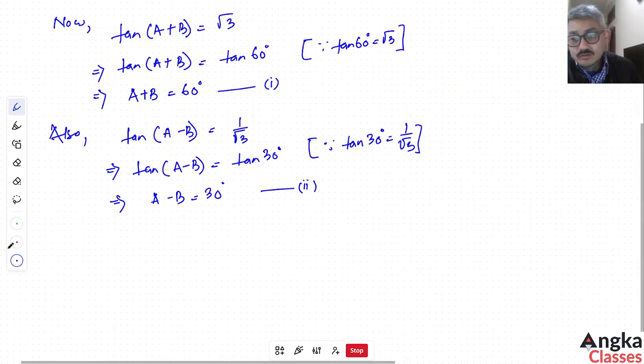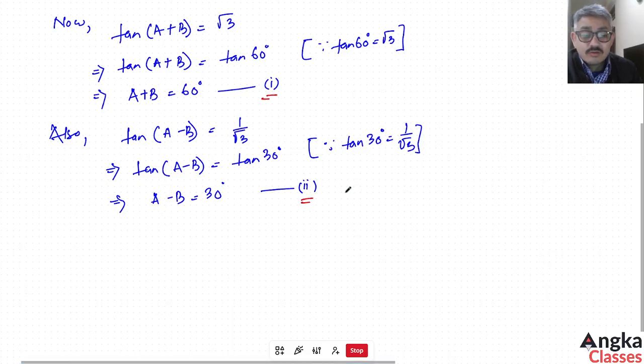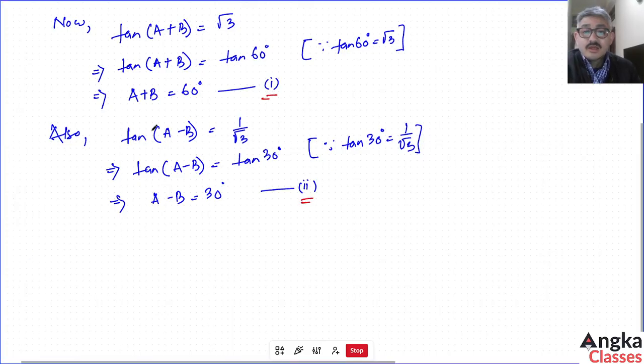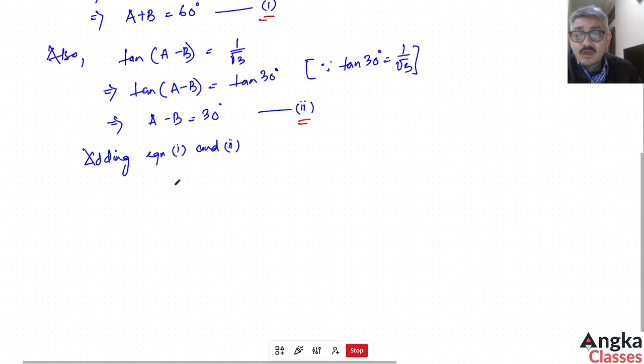So we have two equations, and we solve for the values of a and b. Adding equation 1 and 2, on the left hand side a + b + a - b is equal to 60 degree + 30 degree.